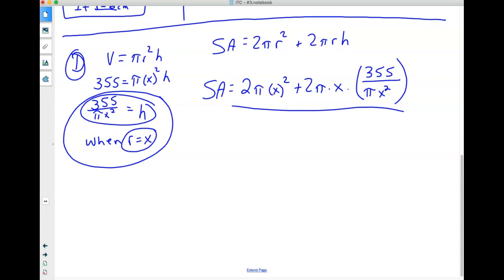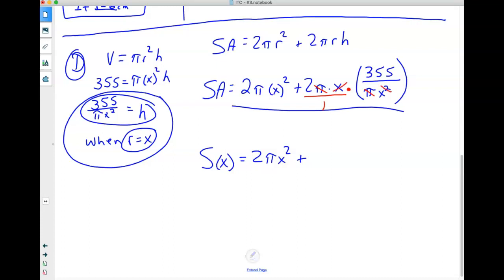And all I'm going to do before I graph it is I'm going to clean it up a little bit. I'm going to say my surface area in terms of only x now equals 2 pi x squared plus what? Well, check it out. Fraction fun. With this multiplication, that pi will cancel that pi. That x is going to cancel one of those x's.